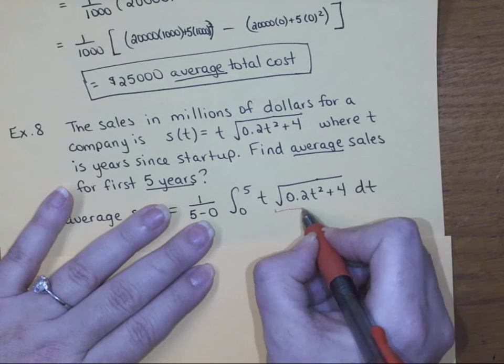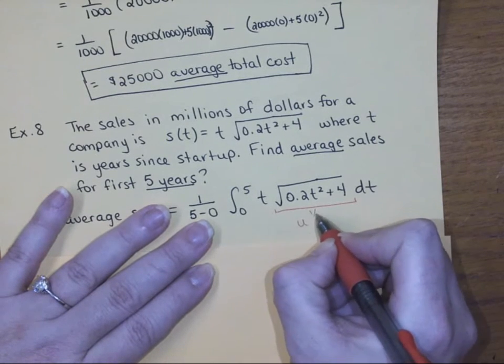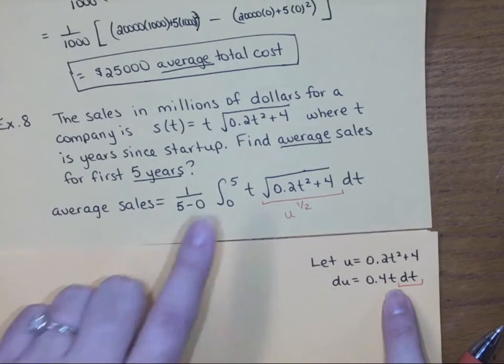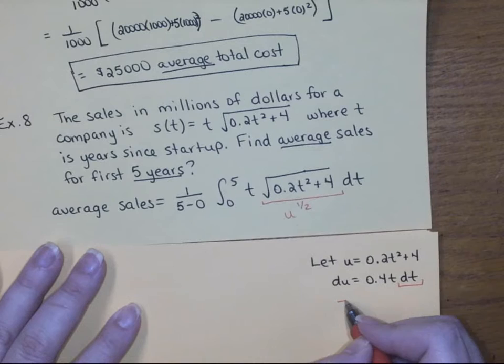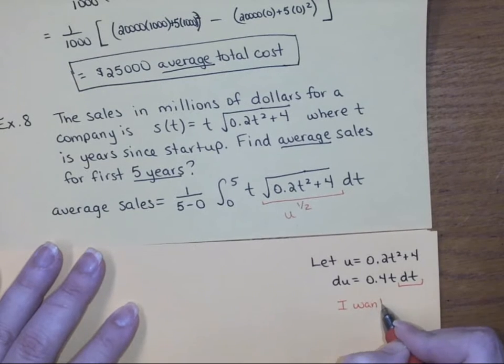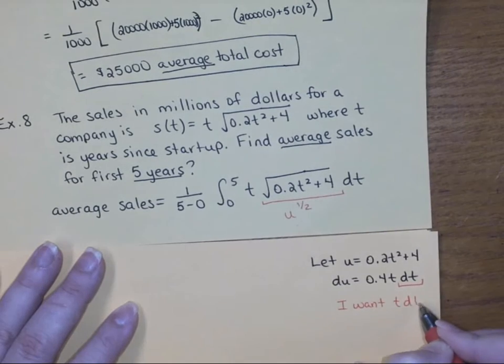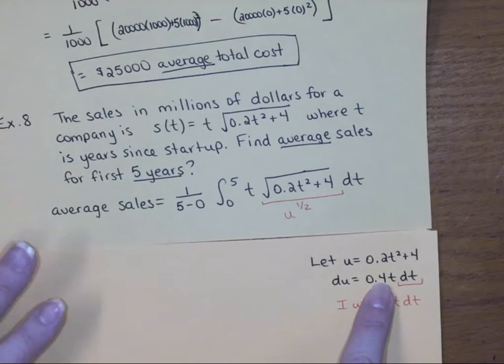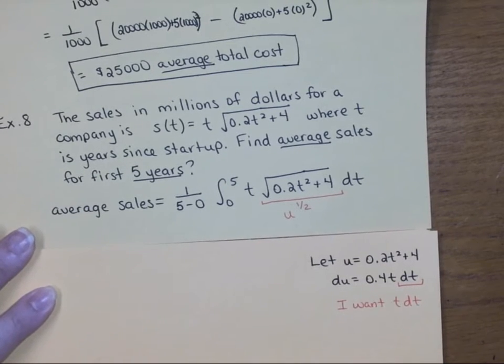So if I come back up here, this can be taken care of by saying u to the 1/2. But this t dt is not quite what I have here, right? What I want is just plain t dt. I have a 0.4 that I don't want there, so what adjustment could I make?